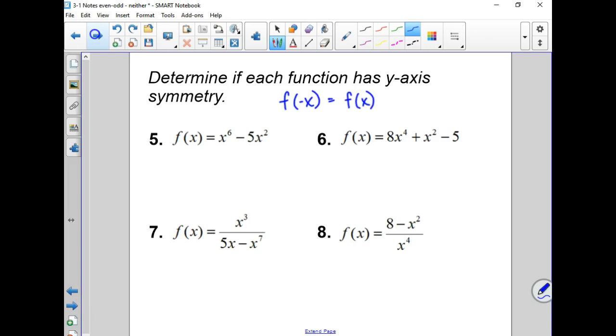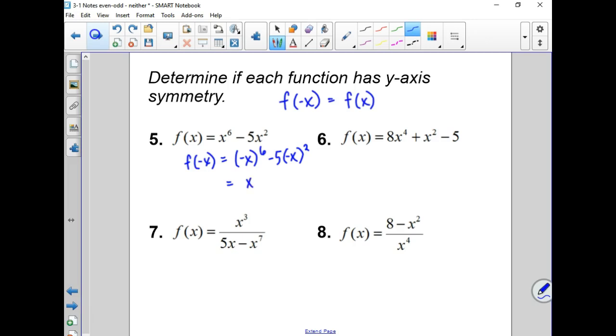So, if we look at number 5, if I have f of negative x equals negative x to the 6th minus 5 times negative x squared, when I have even exponents, that just sort of erases that negative, because when I multiply something to an even power, then the negative is going to disappear.